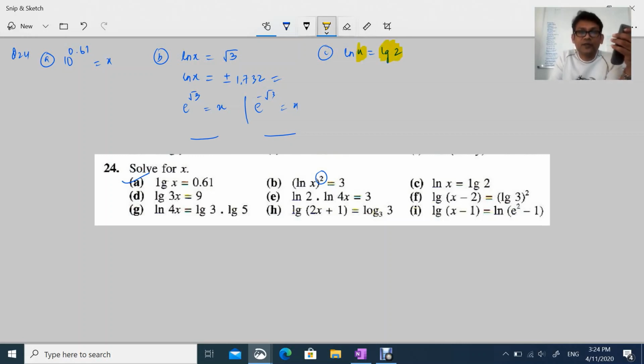This is a variable. What's the base? The base is e. So e^(lg 2) = x, and please use the calculator, put in the whole value e^(log 2) and get the answer. There is no problem.